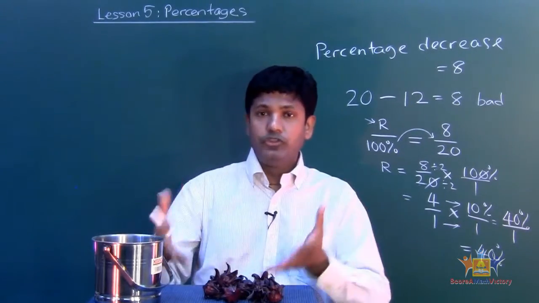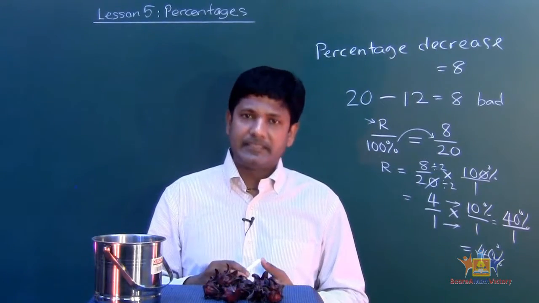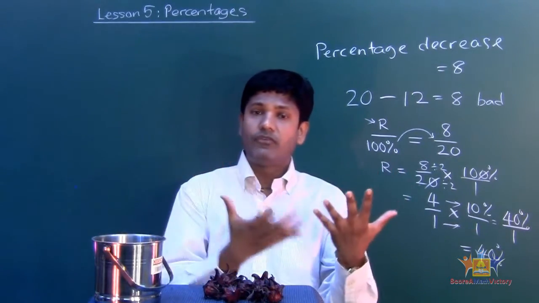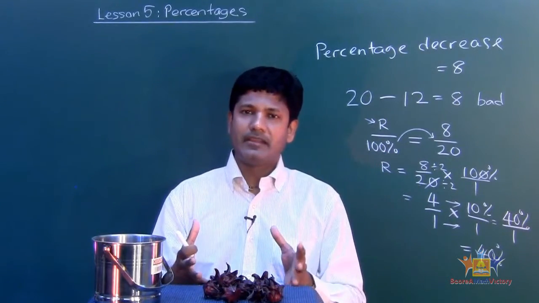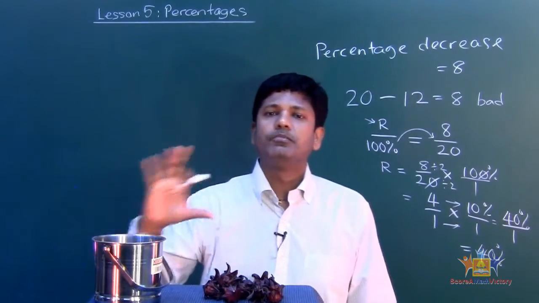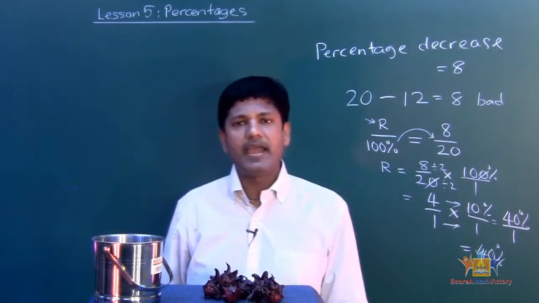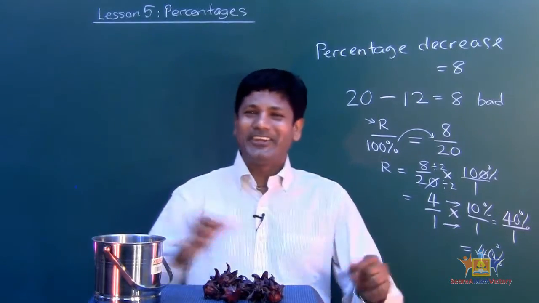That means what's my new percentage? The amount of Ribena that I'm going to be using will be 60%, because 100 minus 40 is 60%, because I'm only using 60% of what I had, because 40% is spoiled. It got bad, so I threw it away. See that? All right? Okay, good.